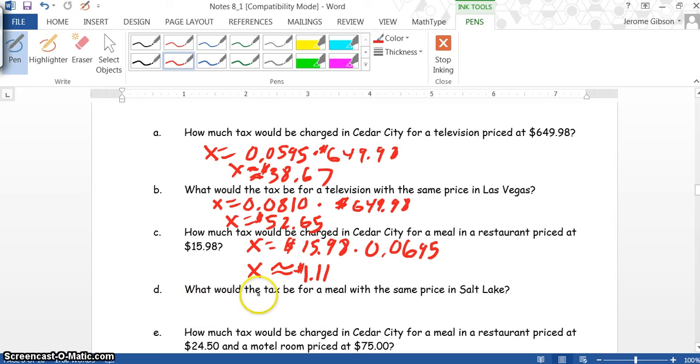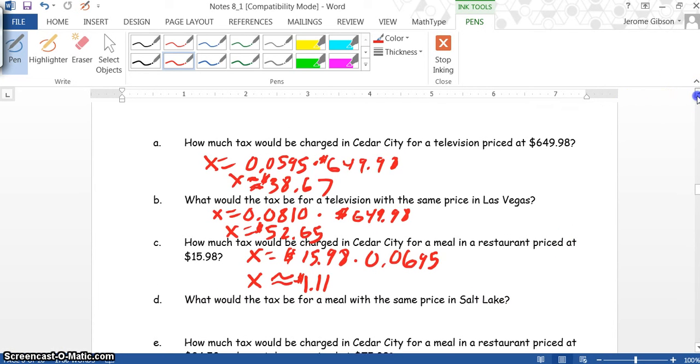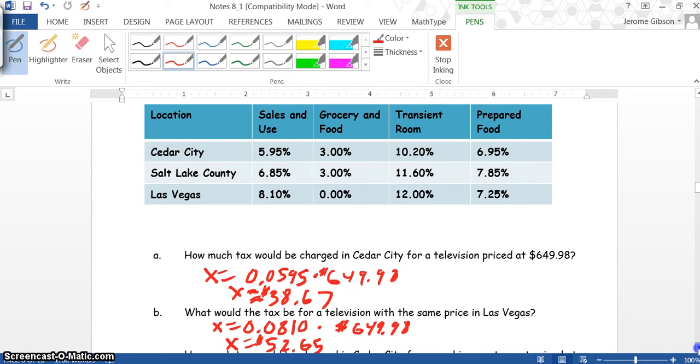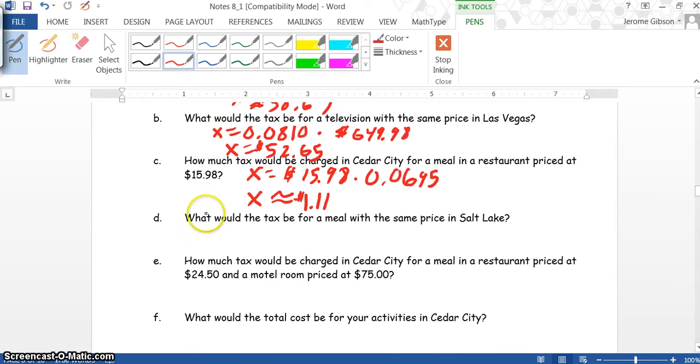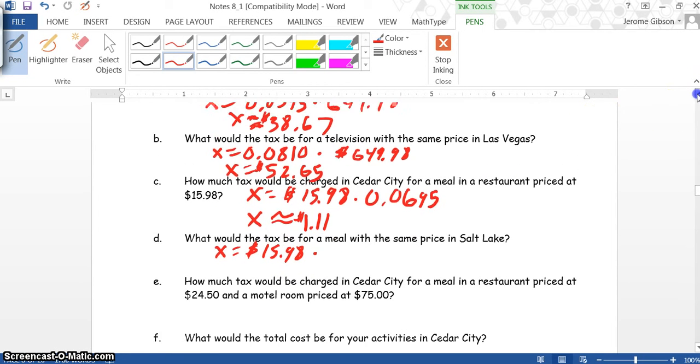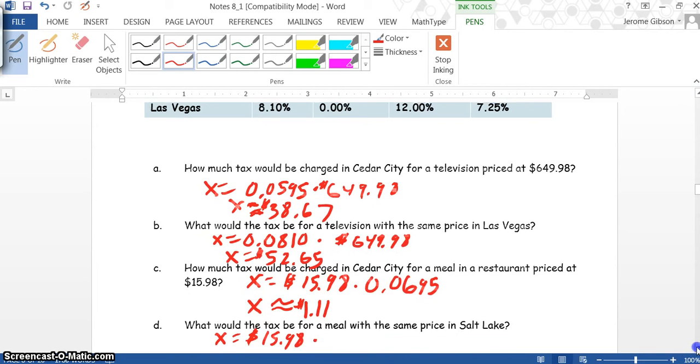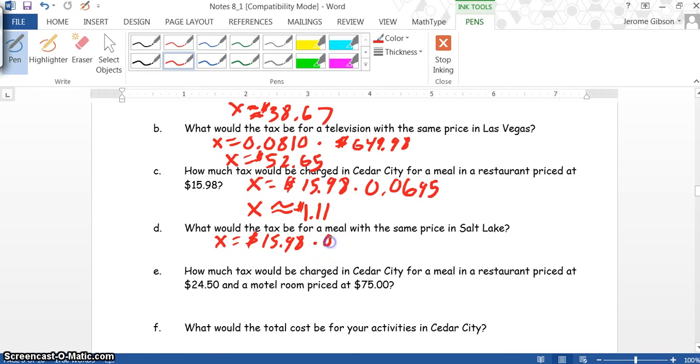It says, what would the tax be for a meal with the same price in Salt Lake? So we need to go up here to Salt Lake. Prepared food is 7.85%. So we would take X is equal to $15.98 multiplied by, let me go back up here, the 7.85%, which is 0.0785.